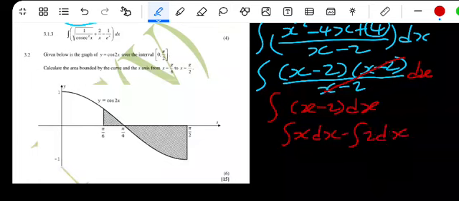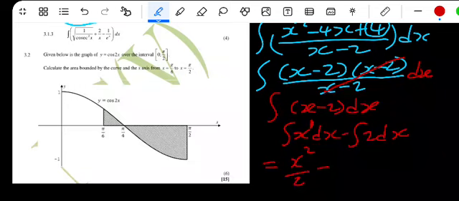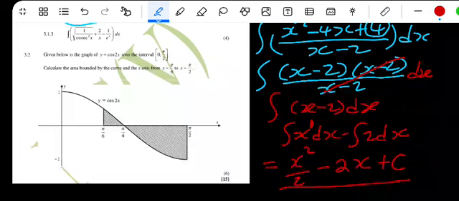So we'll have x squared divided by 2, minus 2x. Since it's an indefinite integral, you add your constant c. That is what you'll get there.